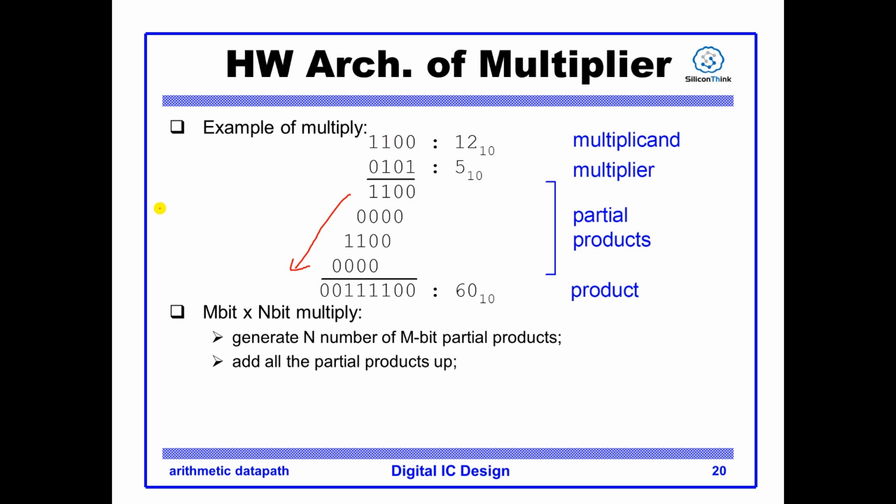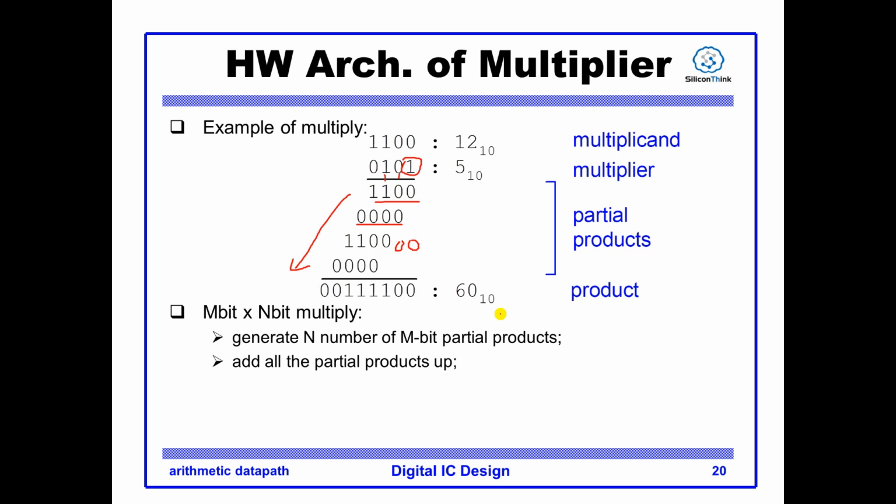So you can see the calculation process is something like what you learned in primary school. If the multiplier bit is 1, copy the multiplicand here. If 0, put 0 here. With the right weight placing. Then add them up to get the final result.